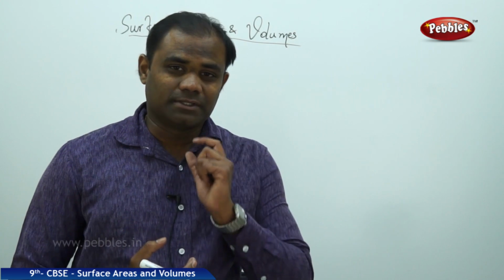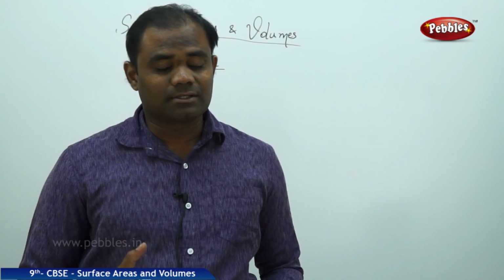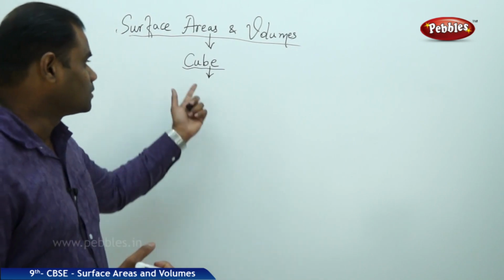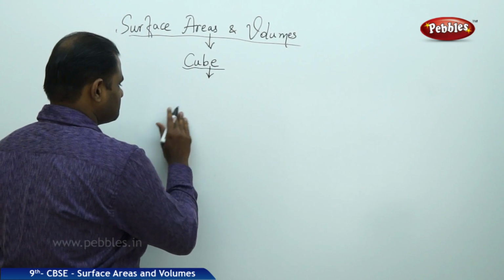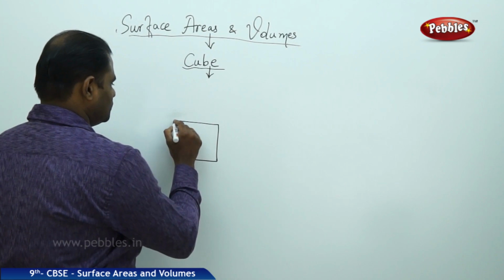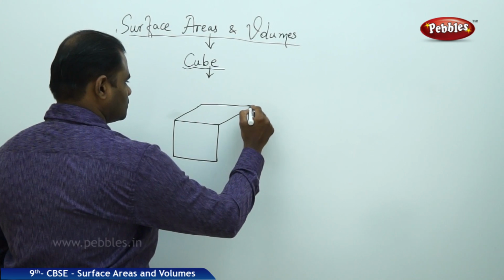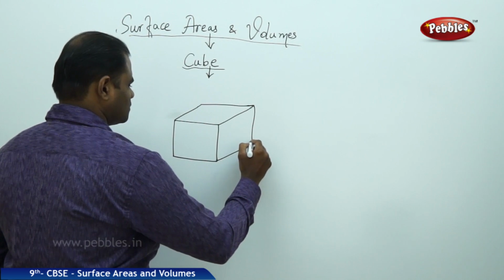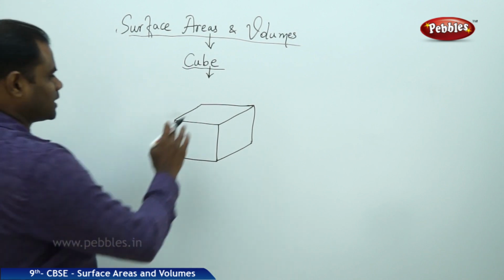So what is the special case? We say that a cuboid whose all its sides are equal is called by a special name, a cube. So if I have all the sides being equal, then this is a cube because it has all its sides equal.